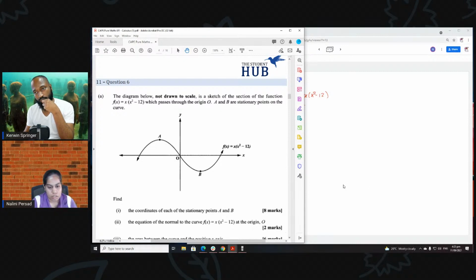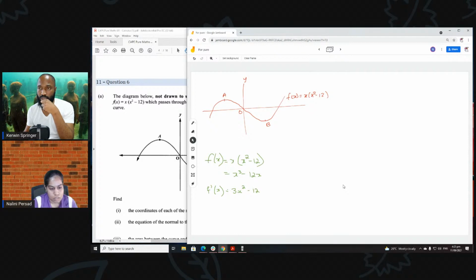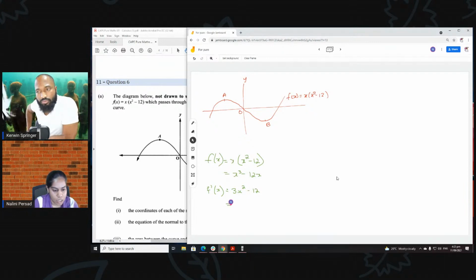Okay, stationary points occur when this is equal to 0, right? Now we can actually pull out the 3 to get x squared minus 4. And x squared minus 4, you're supposed to see the difference of 2 squares in that.